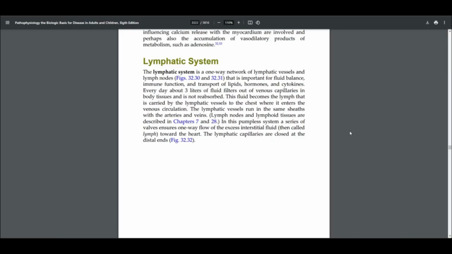The lymphatic vessels run in the same sheaths with the arteries and veins. Lymph nodes and lymphoid tissues are described in Chapter 7 and 28. In the pumpless system, a series of valves ensures one-way flow of the excess interstitial fluid towards the heart. The lymphatic capillaries are closed at the distal ends.